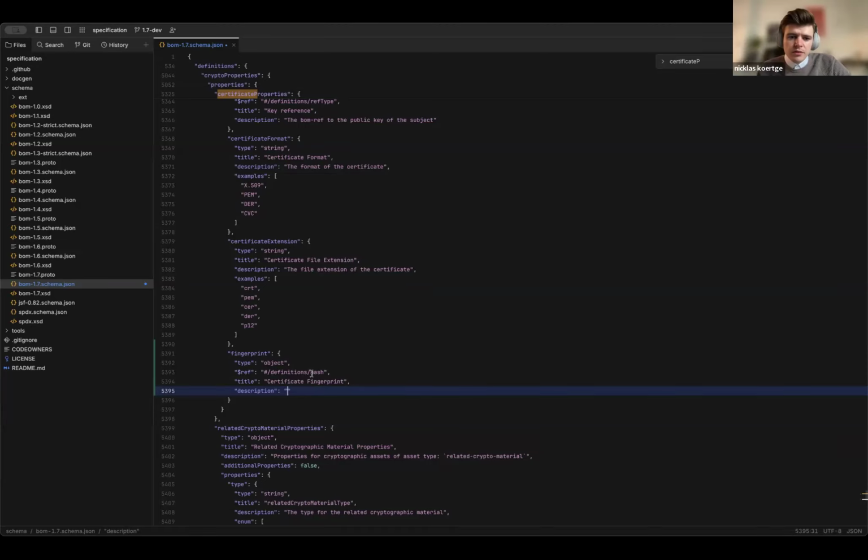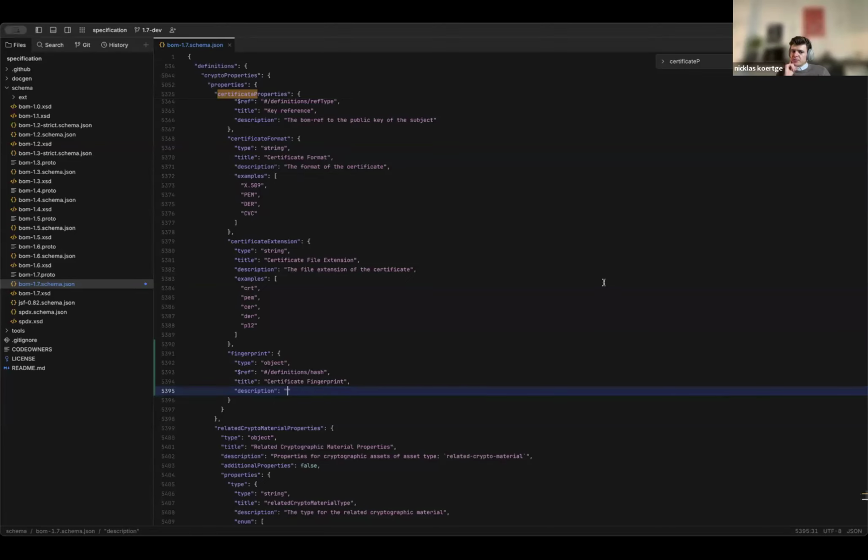So it will be only a hash, right? But I think in certificates there can be different fingerprints, like of the certificate itself or of the whole certificate, and the fingerprint of the public key as well. I don't know if maybe it can be an array of fingerprints. But wouldn't the fingerprint of the public key be in the related crypto materials for the public key?